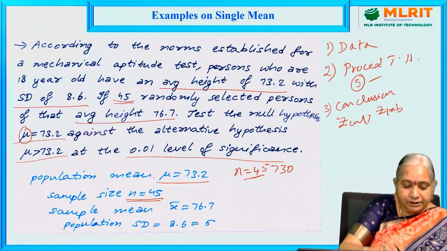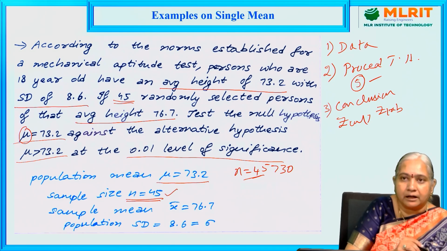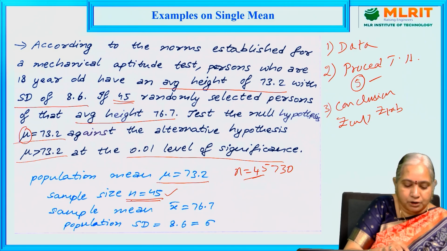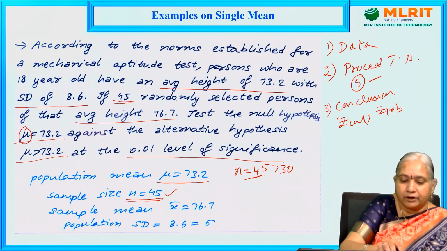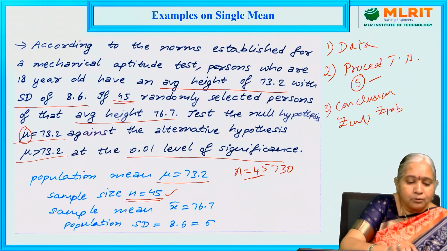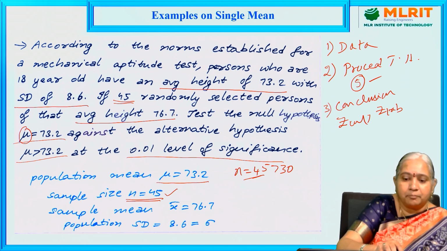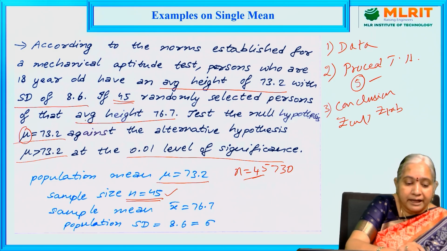we are testing the population mean mu equal to 73.2. Here only one sample is given. Only one sample is taken from the population, and that sample consists of 45 randomly selected persons, whose average height, that means the sample mean, is given.